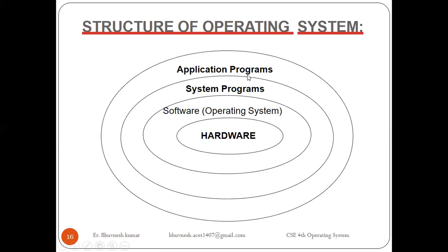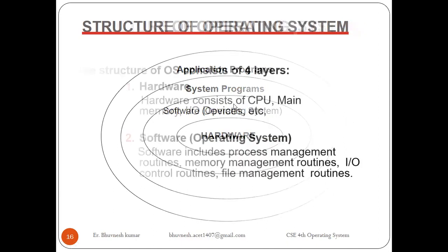For example, if we have a mobile phone but no operating system is installed, then that hardware is not of any use. If we install an operating system such as Android on our mobile phone, then we can also install applications. Without an operating system, we cannot install any type of application. So this is a simple structure of operating systems.